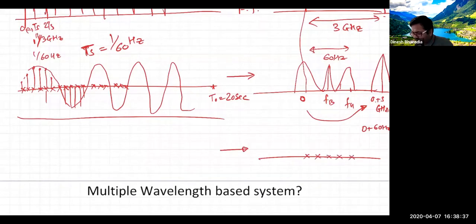The separation between these two samples is 60 hertz divided by the total number of samples, which is 1200 samples, let's say. So this is your 0, this is 60 upon whatever this number is, and this is an impulse train here.